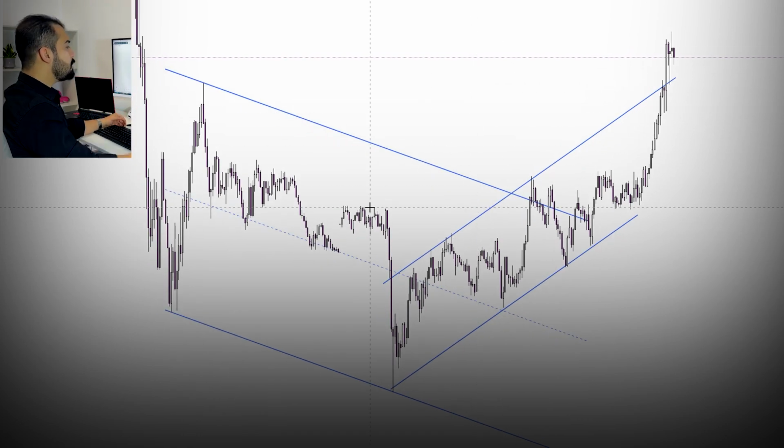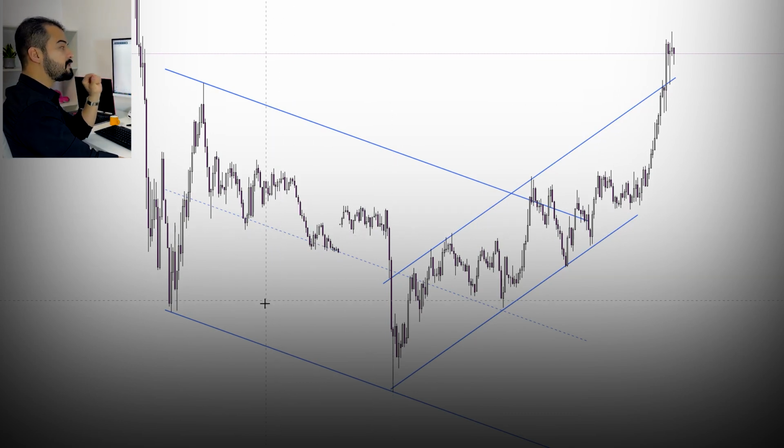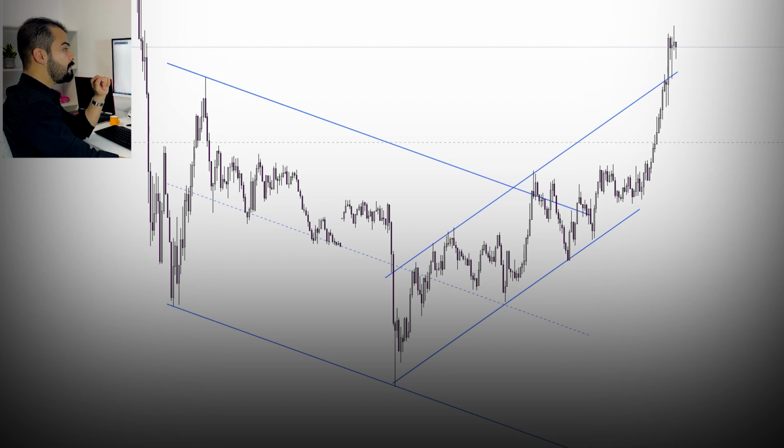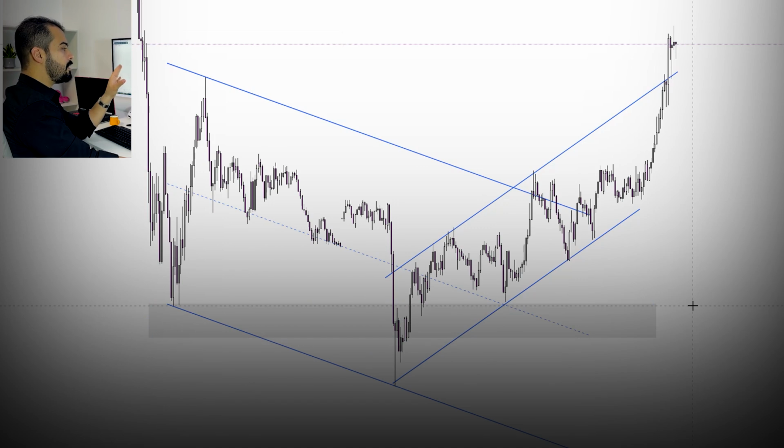Okay, just imagine that you found a specific and important area of support, as I have found before here. This is not an example, this is actually an area of support that I found before.